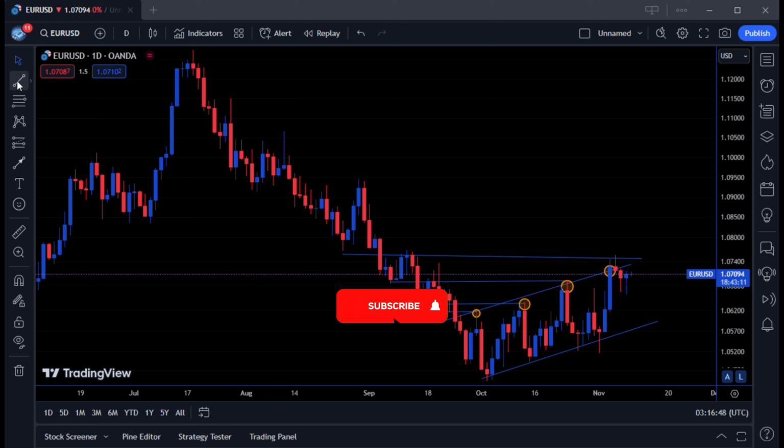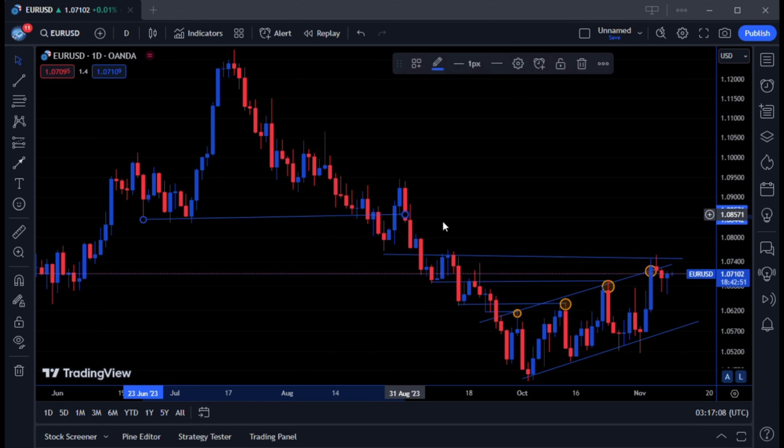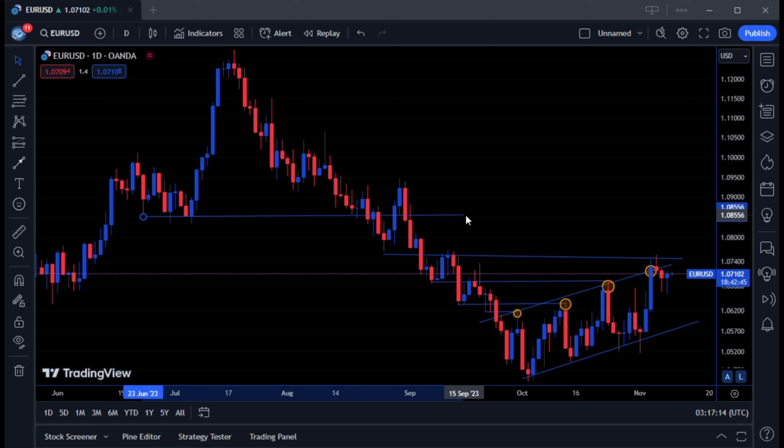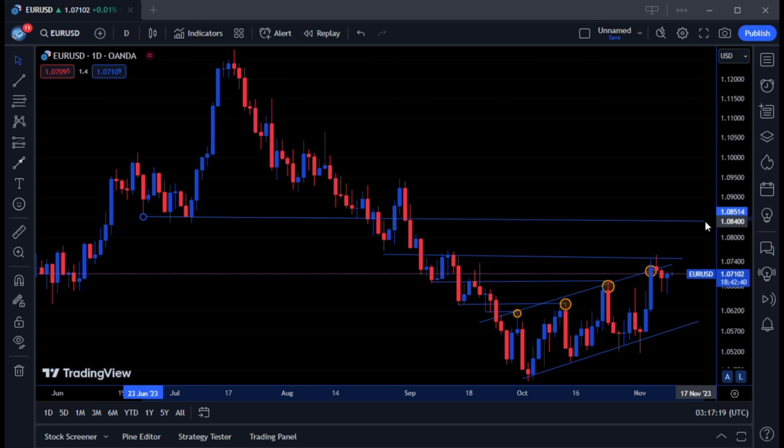Let's draw a resistance line here. The more shadows it touches, the better. Extend the line to these points.